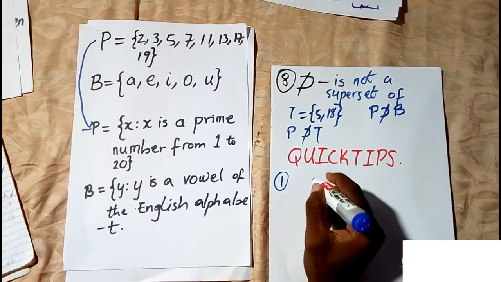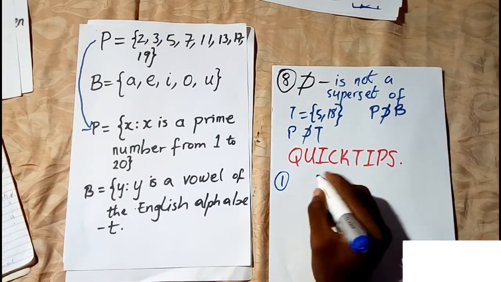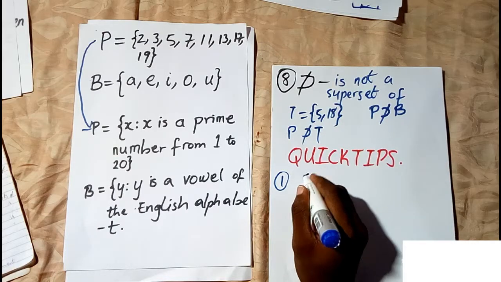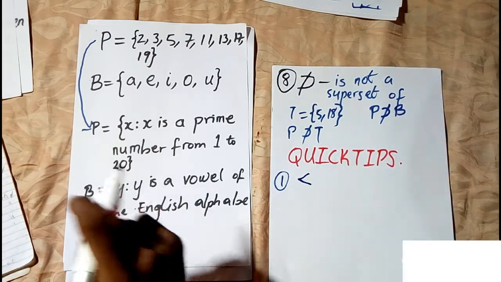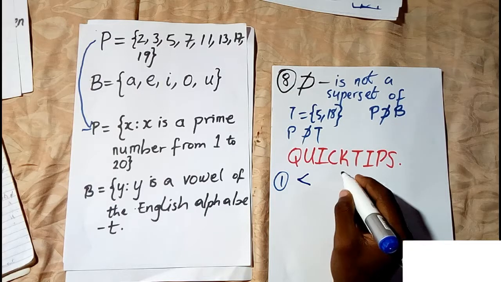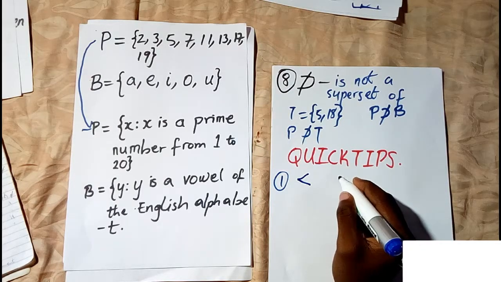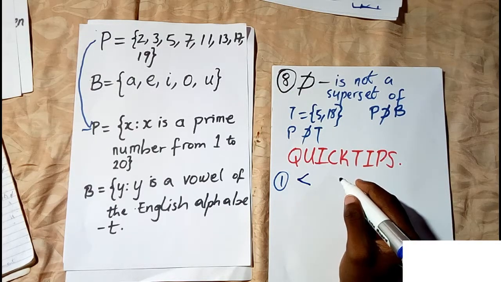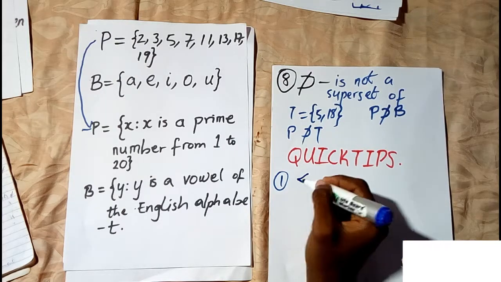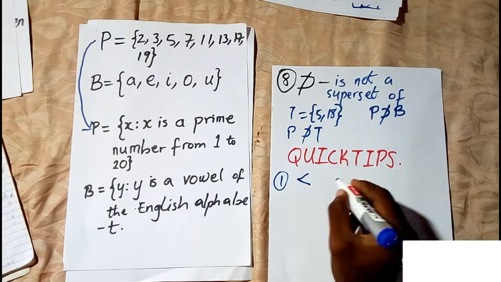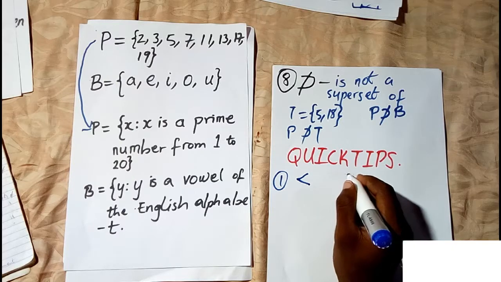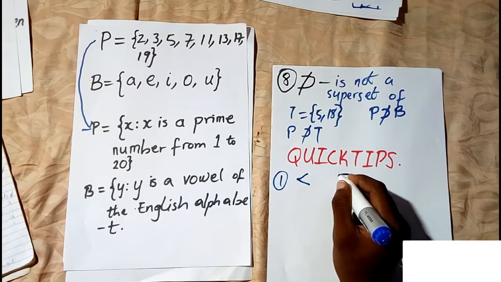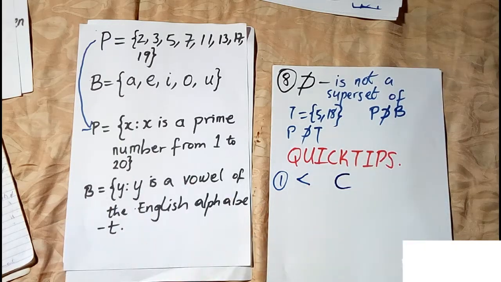Remember the less than symbol, introduced in primary school. You can bring it here to say our left hand. By the time we fold our left hand, we get the less than symbol. So using that same terminology, by the time you fold your left hand, you get your subset.